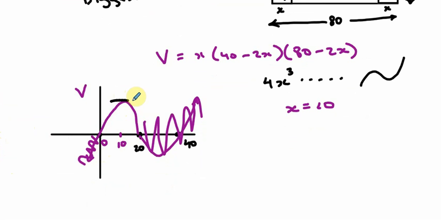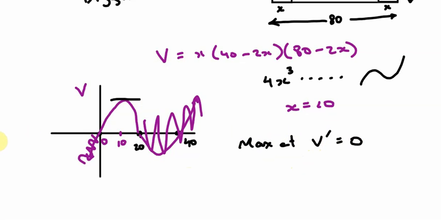Well, this is an extremum, and we know that it would be a critical number, so this maximum is going to occur if the first derivative is equal to 0. So the maximum is going to be if we can make the first derivative equal to 0 and figure out what the x is for that to happen. So it's a very, very simple little addition to this with calculus.